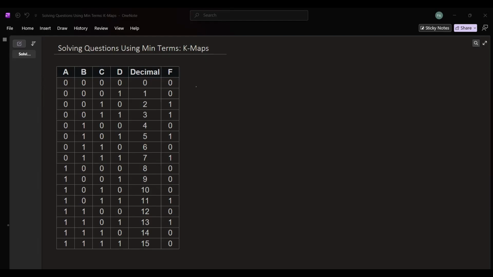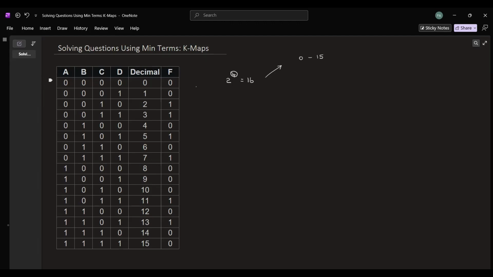Let's say we have the decimal numbers from 0 to 15, and these can be specifically converted to 4-bit numbers, because we know 2 to the power 4 is equal to 16. So when we use a 4-bit number system, there can be 16 numbers created, and these 16 numbers can be designated from 0 to 15 in the decimal number system. This is how it works.